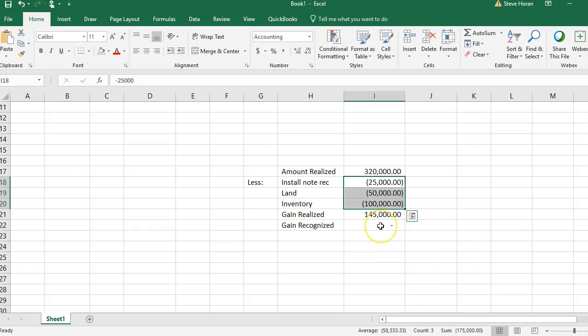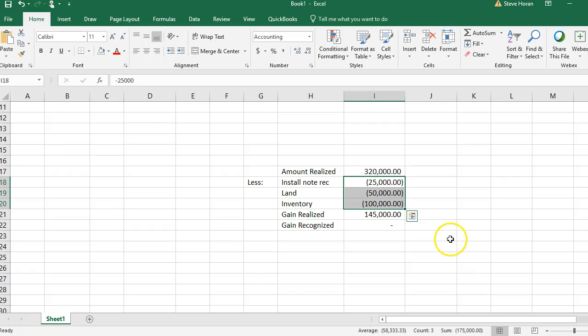His realized gain is 145. Recognized gain is 0. And so the basis matters though, right? Because his fair market value is 320. His basis is 175. If he goes and sells this stock at some point in the future, whatever money he realizes will count against the basis of 175 to count against what his future capital gain will be if he sells the stock.